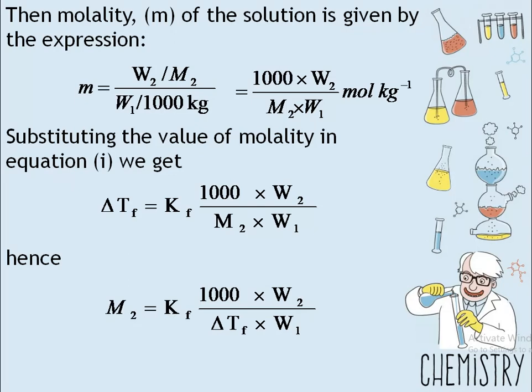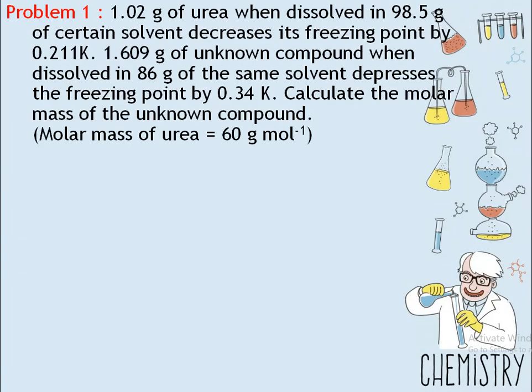Now let's see one problem. 1.02 gram of urea when dissolved in 98.5 gram of a certain solvent decreases its freezing point by 0.211 Kelvin, meaning it is a depression in freezing point. Now 1.609 gram of unknown compound when dissolved in 86 gram of the same solvent depresses the freezing point by 0.34 Kelvin.